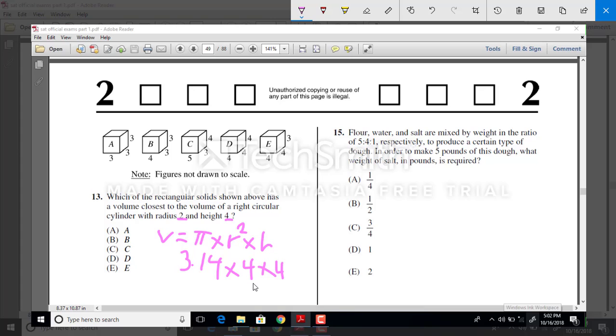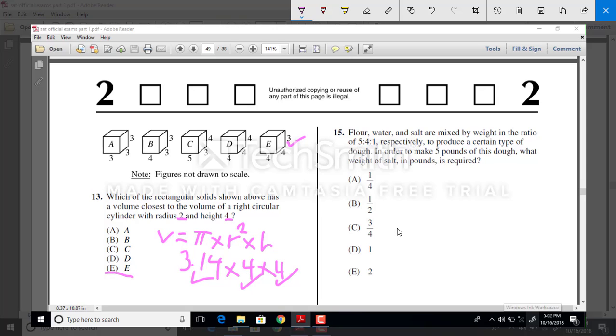Mentally, it must be one which has 2 fours at least. 4 times 4 times 3. 4 is the same as 4, 4 is the same as 4, and 3 is so close to 3.14. So, by luck, this one is the right answer.